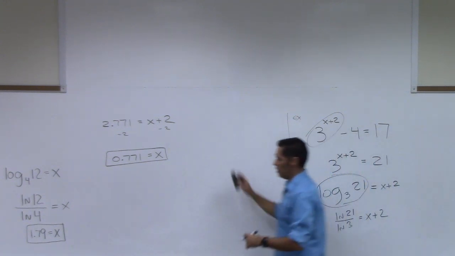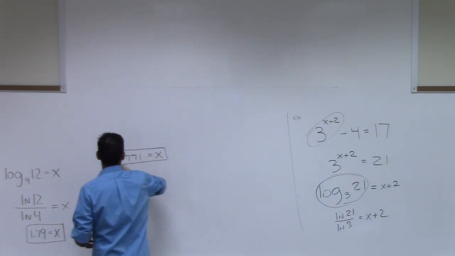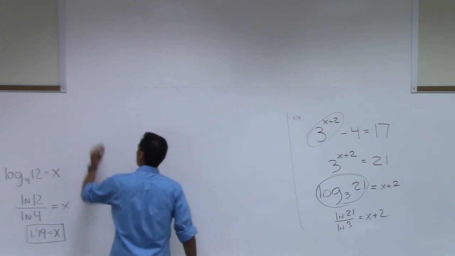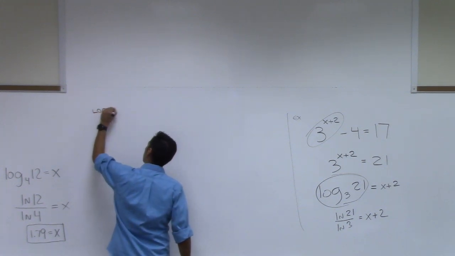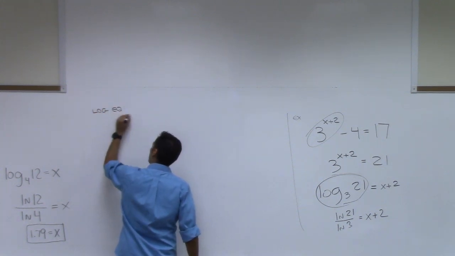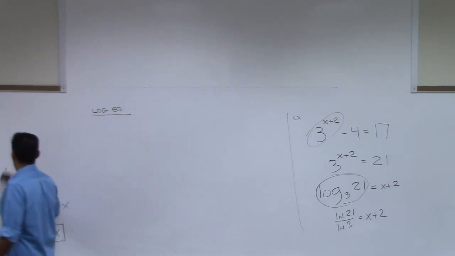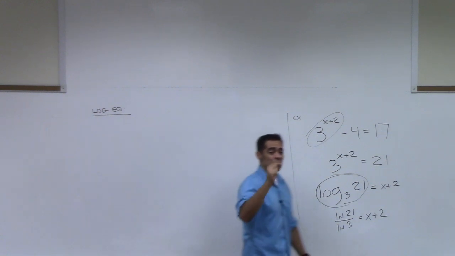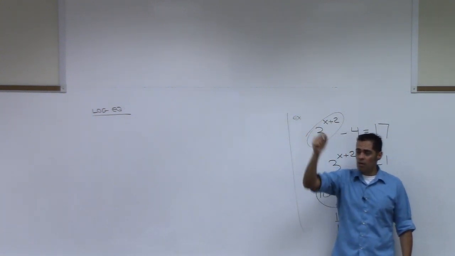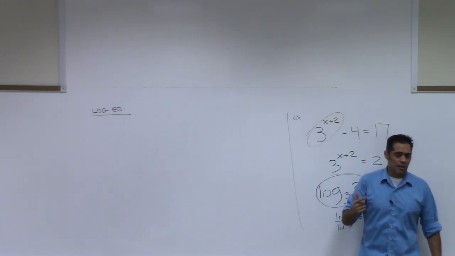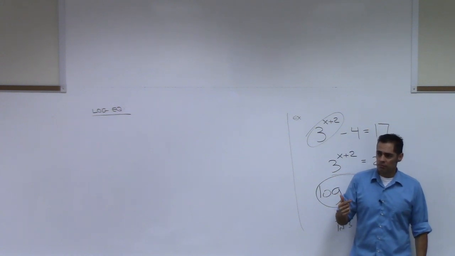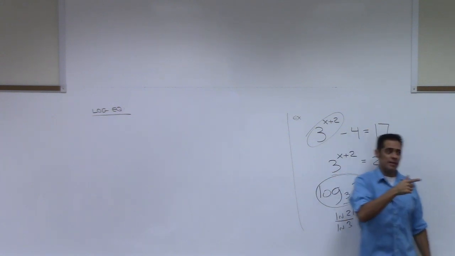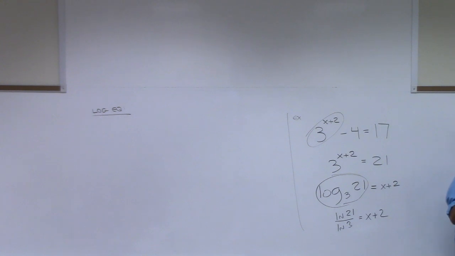Let's look at a log equation. Log equations are different than exponential equations. In an exponential equation, the variable's in the exponent, right? Where do you think the variable is in a log equation? Not in the base, in the log itself.